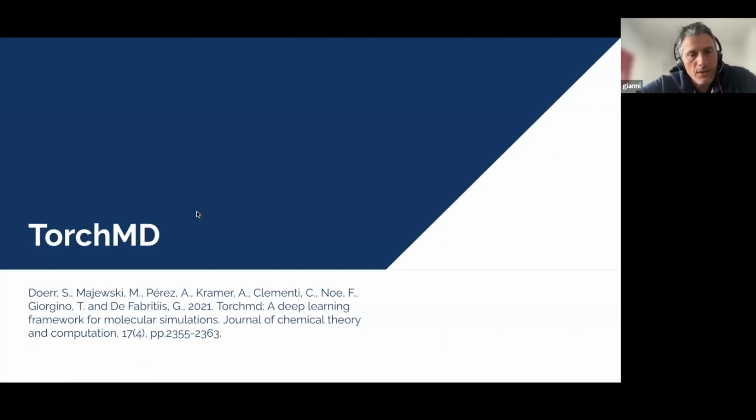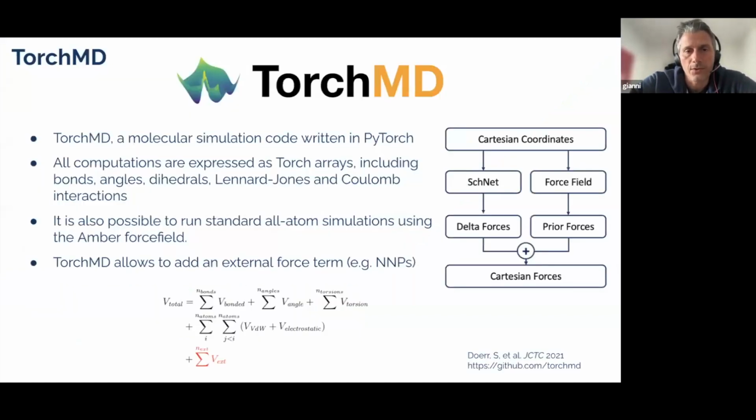So the first thing we did, in 2021, was write an entire MD code in Torch. The advantage is of course that it is slower, but it has other advantages. You take your atoms in Cartesian coordinates, and you have your classical force field, the one I showed you before. But then you can add another force field, and this could be a neural network, because a neural network is kind of the optimal force field.